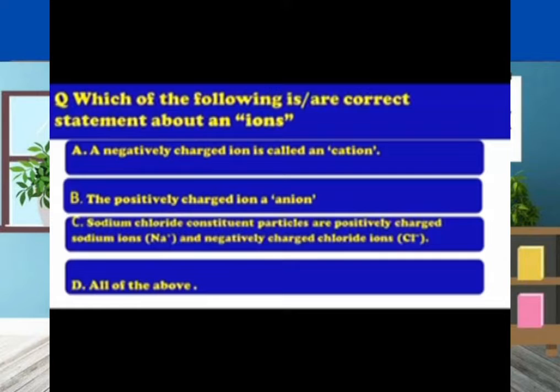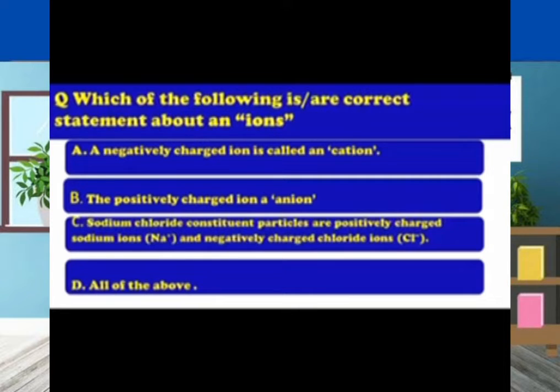We know that NaCl is an example for ions, isn't it? We know the charge of the cation is not negative charge. The charge of the cation is positive charge, and the charge of the anion is negative charge. Here the first two options are wrong.